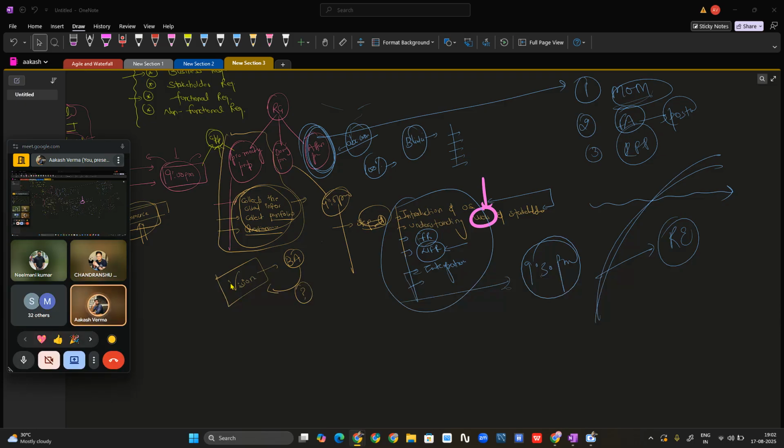Either you will go to CMS, because a content management system already has predefined templates. The developer just takes that template and modifies it a little, and the project will be ready. So that depends on the client. If there is no budget constraint, then you will move towards custom coding.